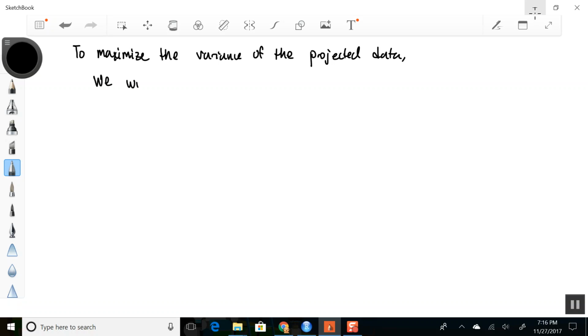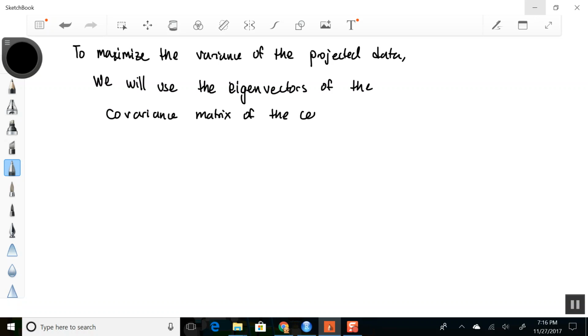So I will write that: to maximize the variance of the projected data, we will use the eigenvectors of the covariance matrix of the centered data.